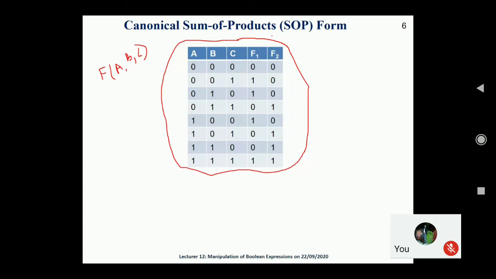Now what happens when we are talking about the SOP form? SOP is nothing but a sum of product. When we are considering the sum of product, how can we generate the expression for this particular function?